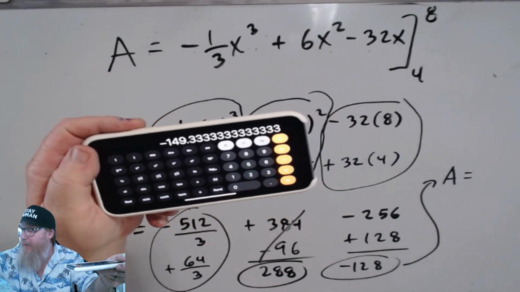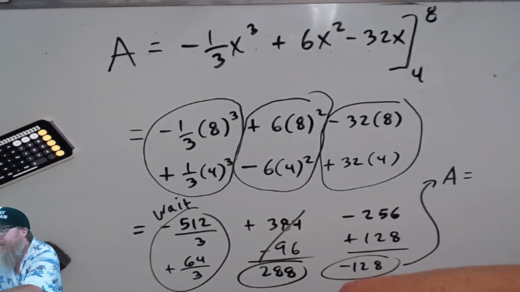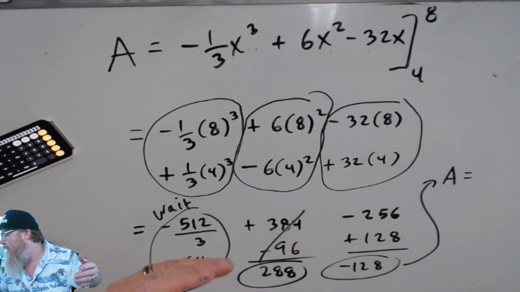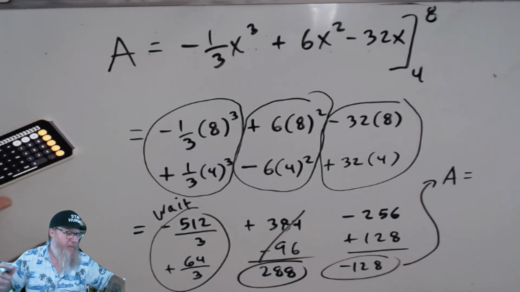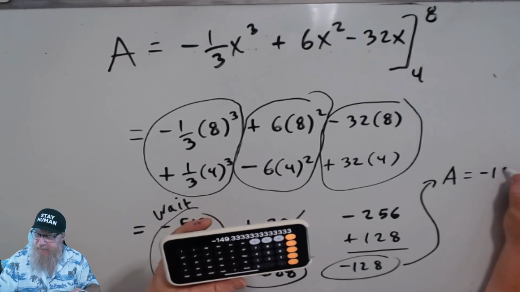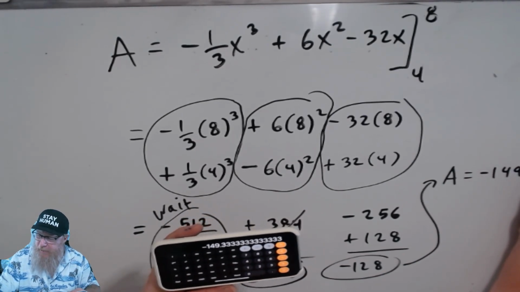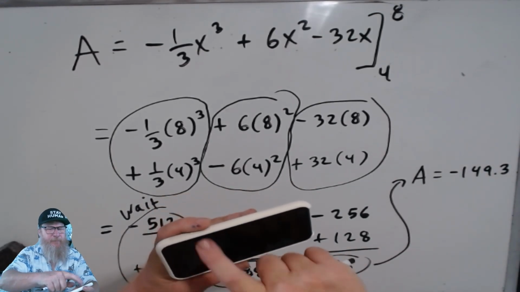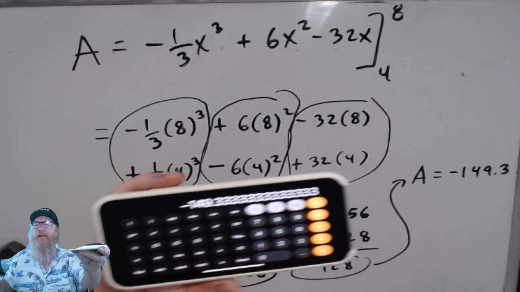Let me read carefully what it says. Does it say exact? It says I may round to the nearest tenth. So I'm going to round this to the nearest tenth. So that's negative 149.3, rounded to the nearest tenth.